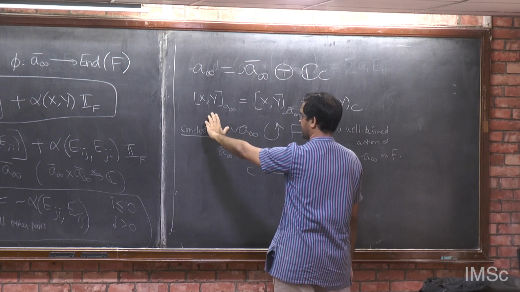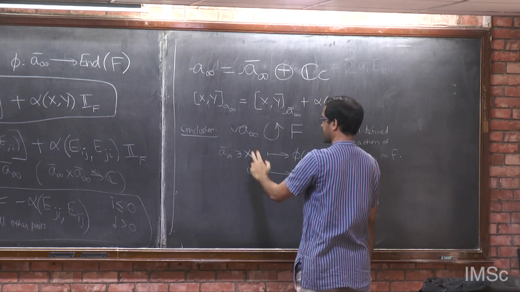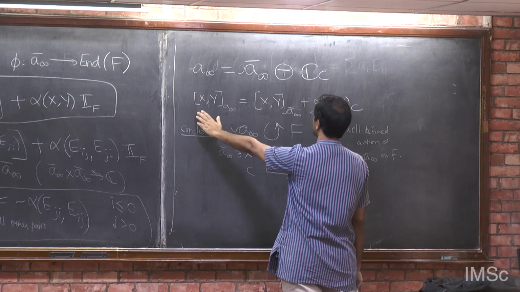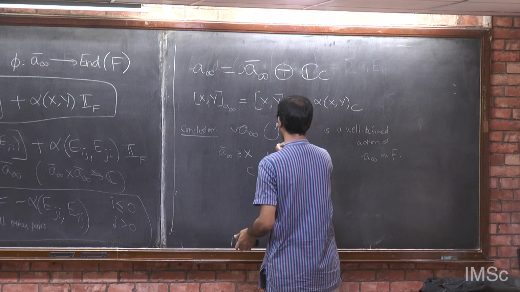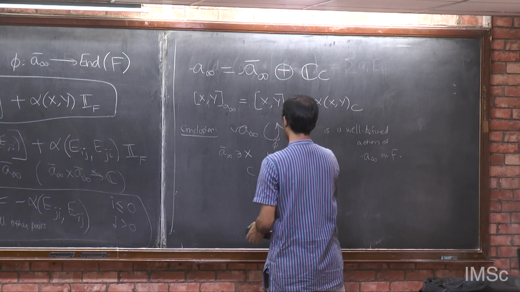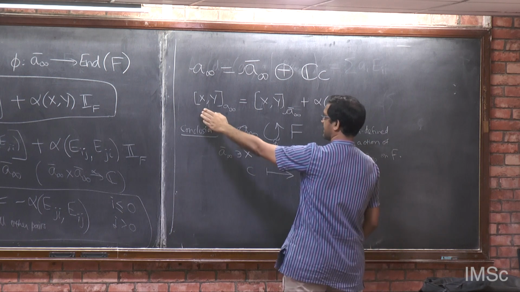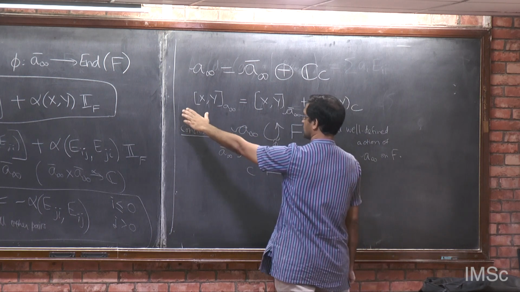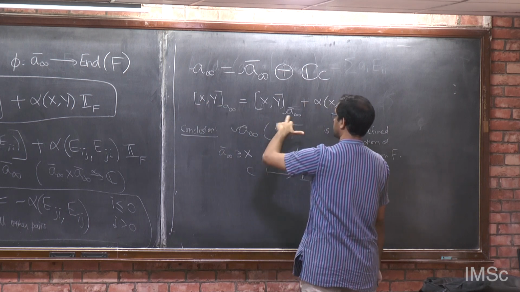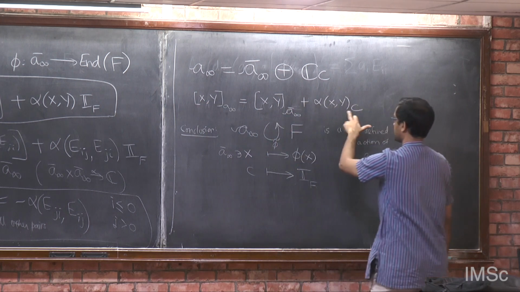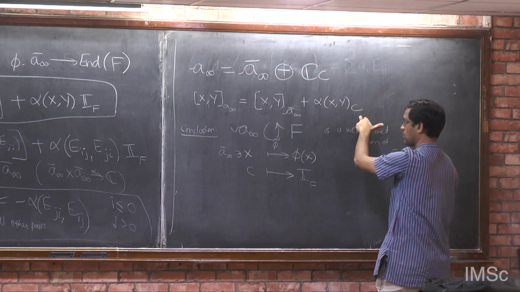So to check that this is an action, let me apply, so this is my new map. Let's call this phi tilde. Okay. So what is phi tilde? On x it is phi, on C it is identity. So I apply phi tilde to both sides. So phi tilde of this is just phi tilde of this element plus alpha xy times phi tilde of this element. That's what I have to check.